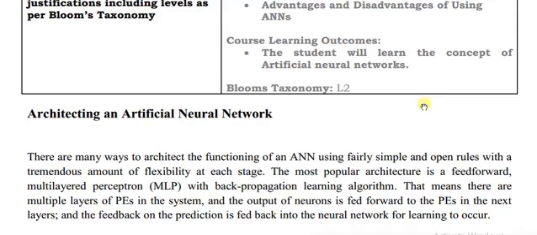There are multiple layers of processing elements in the system, and the output of a neuron is fed forward, meaning the output at each layer is moved to the next layer of the neural network, and the feedback on the prediction is fed back into the neural network for learning to occur. So, once we move in the forward direction, whatever we get at the output is fed back again to the input layer. That is what the back propagation algorithm performs.